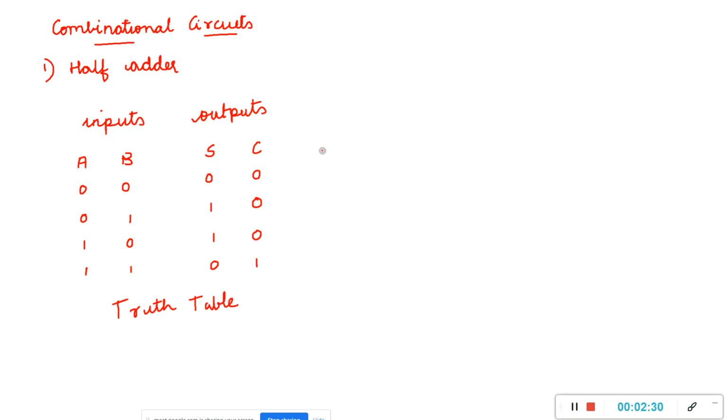Now how to write a sum expression? What is S equal to? Check the column S where it is 1. Here in the second row it is 1. So it is A bar B plus. Next, check the sum column where it is 1. In the third row it is 1.